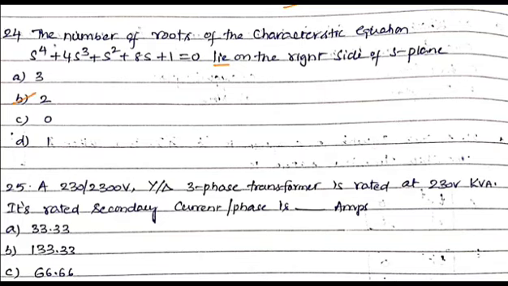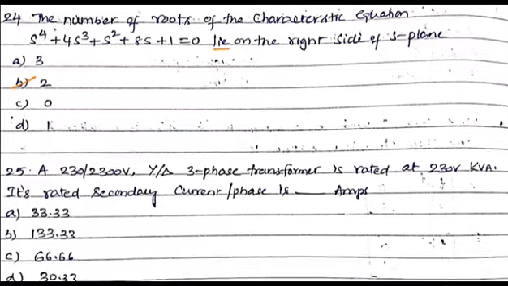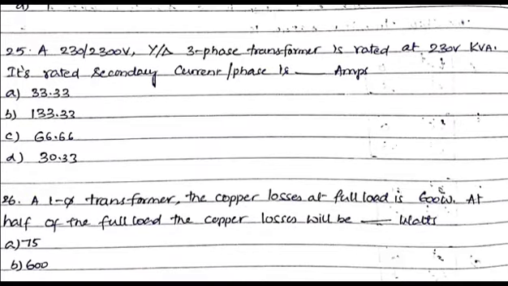Okay, next one, the 2300 volt, 230 volt star delta 3 phase transformer is rated at 230 kVA. Its rated secondary current per phase will be. So first, they have given star to delta, no? So let me take the power on the secondary side. How much kVA have they given?